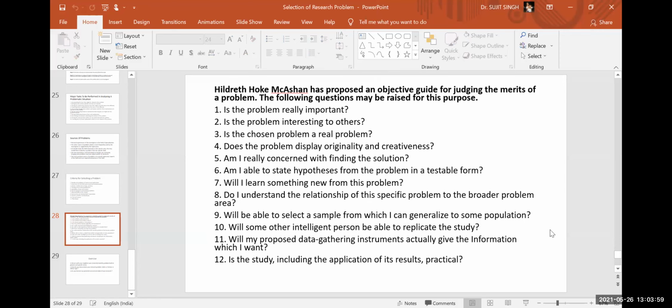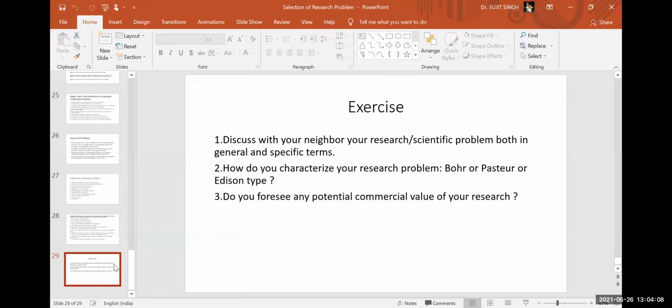Okay, now we are left with less than 5 or 6 minutes, so I have a group activity for this class. If you were in the classroom, we could perform this by discussing research problems with your neighbor, both in general and specific terms.